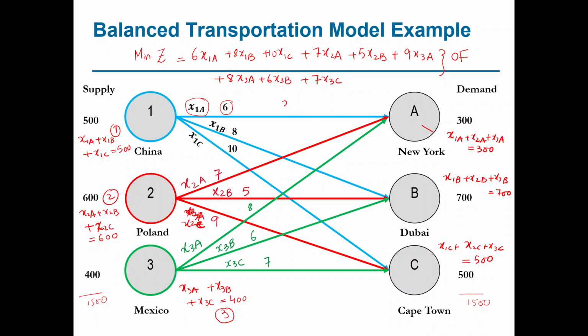Finally, we also have a non-negativity constraint that says xij is greater than or equal to 0, where i represents the supply, that is 1, 2, 3, and j represents the demand, that is a, b, c. So that's the complete mathematical model for this balanced transportation problem.